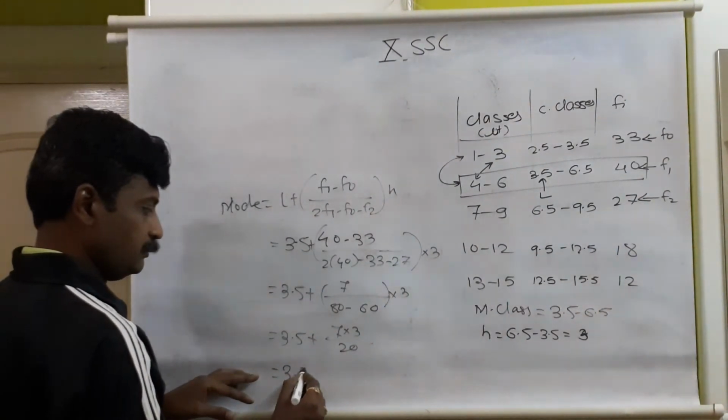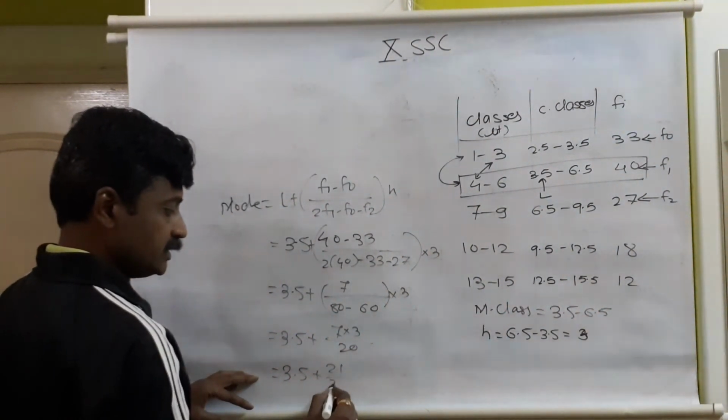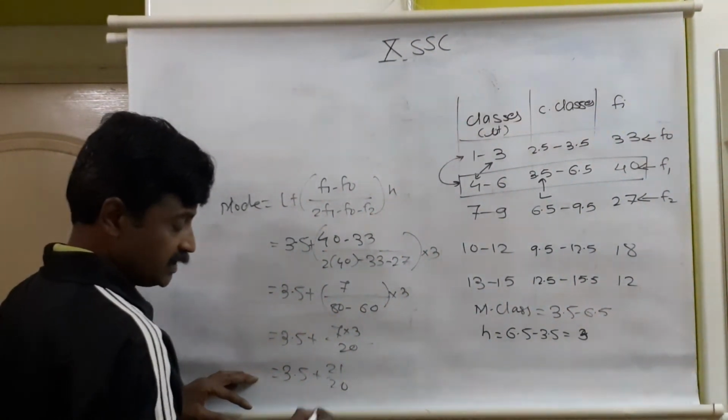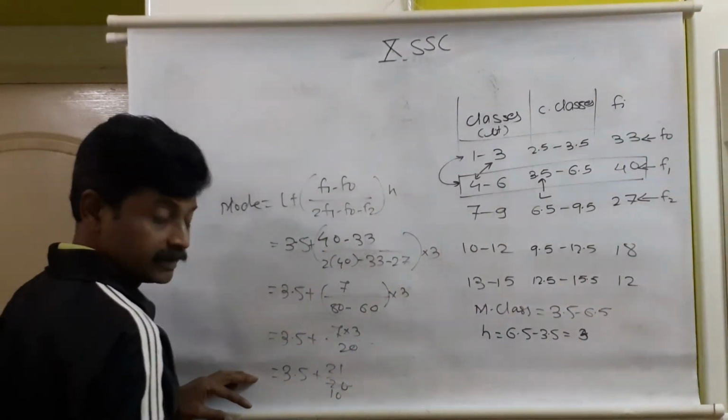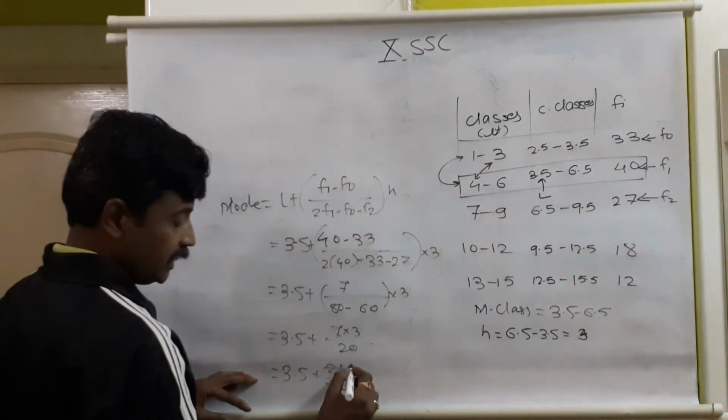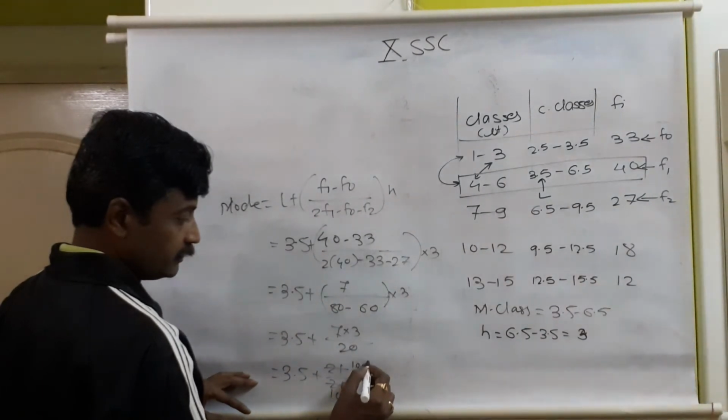It becomes 3.5 plus 21 upon 20, which can be divided by 2, giving 10.5 upon 10.